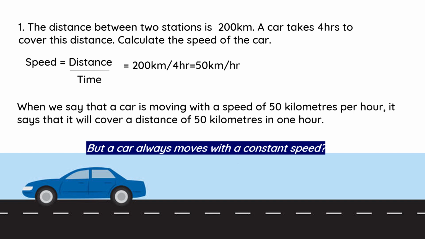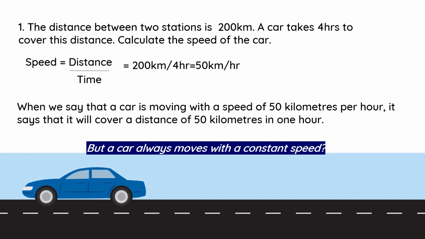Then when we say that a car is moving with a speed of 50 kilometers per hour, it says that it will cover a distance of 50 kilometers in 1 hour. So you notice in cricket also, the bowling speed 130 kilometer per hour, or the wind speed in kilometer per hour.